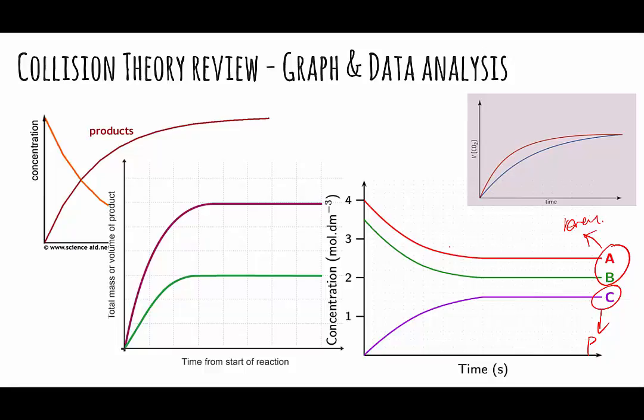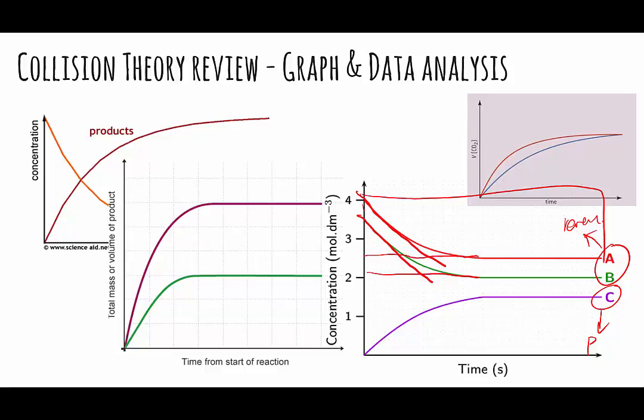With the decreasing amount of reactant, for both A and B, you need to do the same thing. For A, you need to take a look at the initial slope of your rate of reaction. For B, you need to look at the initial slope of your rate of reaction, so the initial rate of your reaction, by drawing a tangent and figuring out the slope.